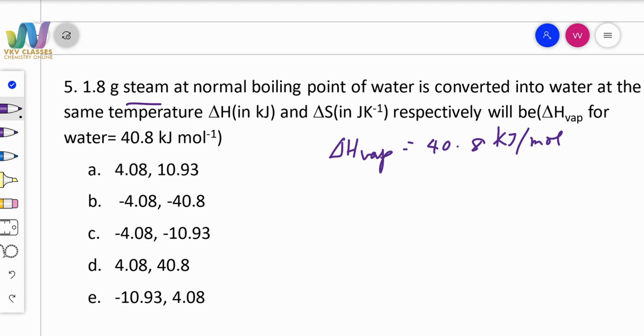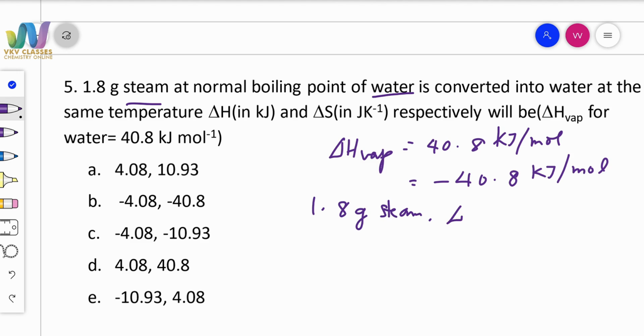Here the process is steam is converted into water, so it is the reverse process. For the reverse process it will be equal to minus 40.8 kilojoule per mole. Here you have only 1.8 gram steam. So delta H for this process will be equal to minus 4.08 kilojoules. So this is one answer.